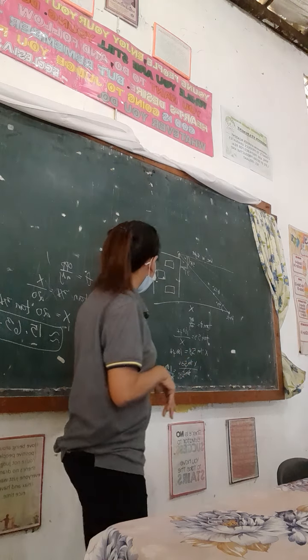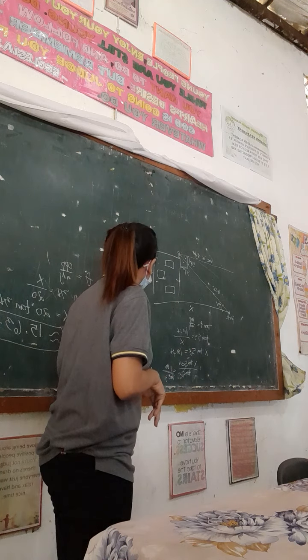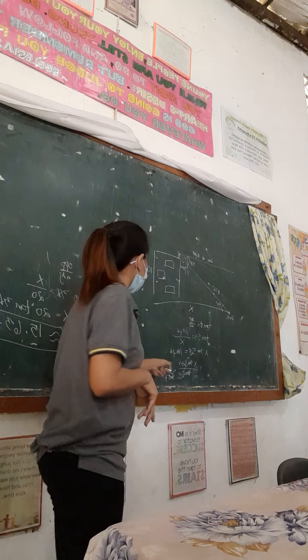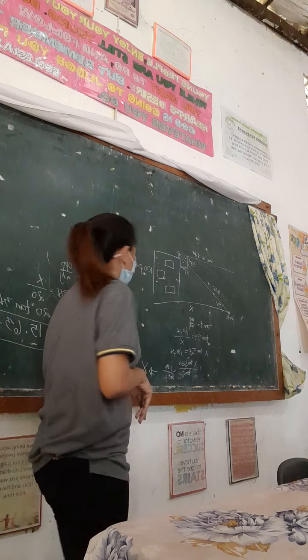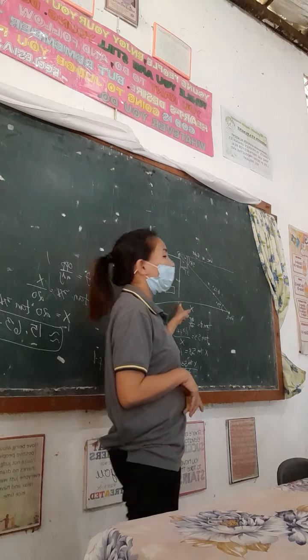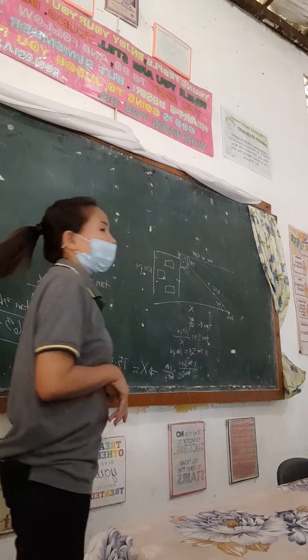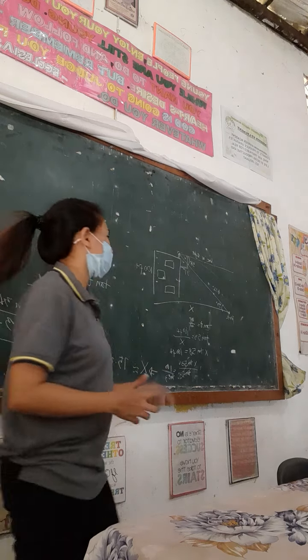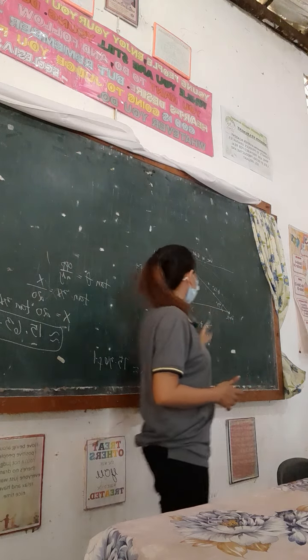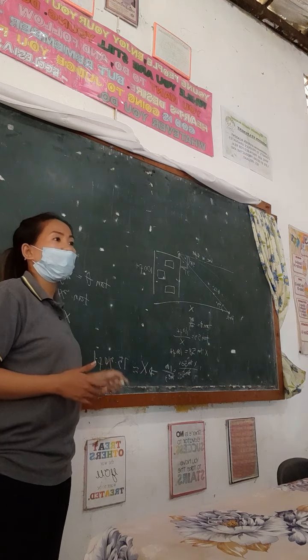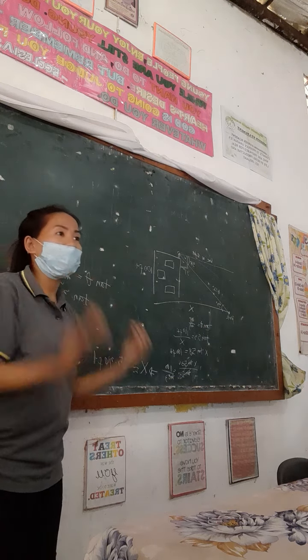So we can say 75.36. Remember, what's the measure? Feet. So approximately, the value is 75.36 feet. That means, from the building going to the park, the distance is 75.36 feet.